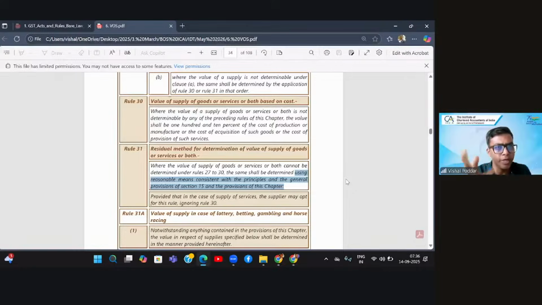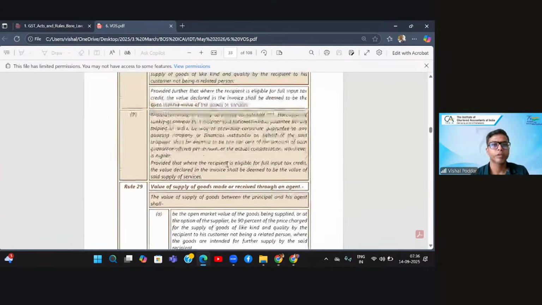So it has been kept very open-ended, very generalized, and I believe that is the only way a residuary method can be done. So 31 is the last resort rule, where using your judgment with all the provisions in mind, you have to find out some value. This is Rule 31.